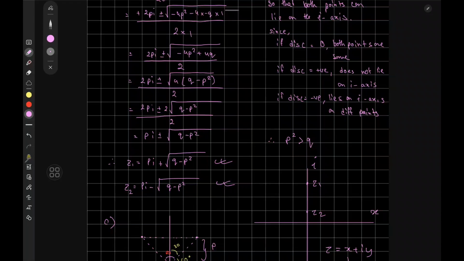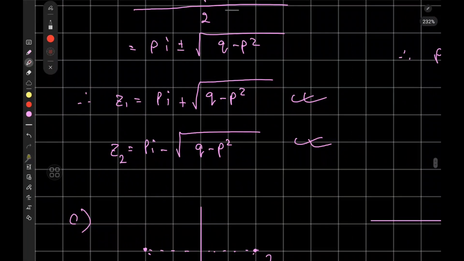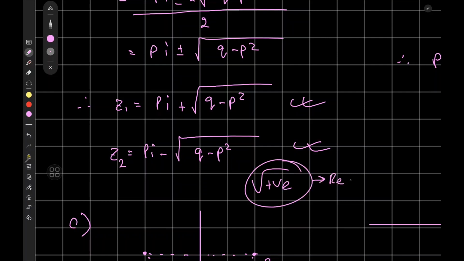Now, what does that even mean? Basically, you know that both of these, this and this, is imaginary. Now, if let's say both of these parts are giving you a positive value, in that case you're going to be left with a root over a positive value. Now this is a real value.